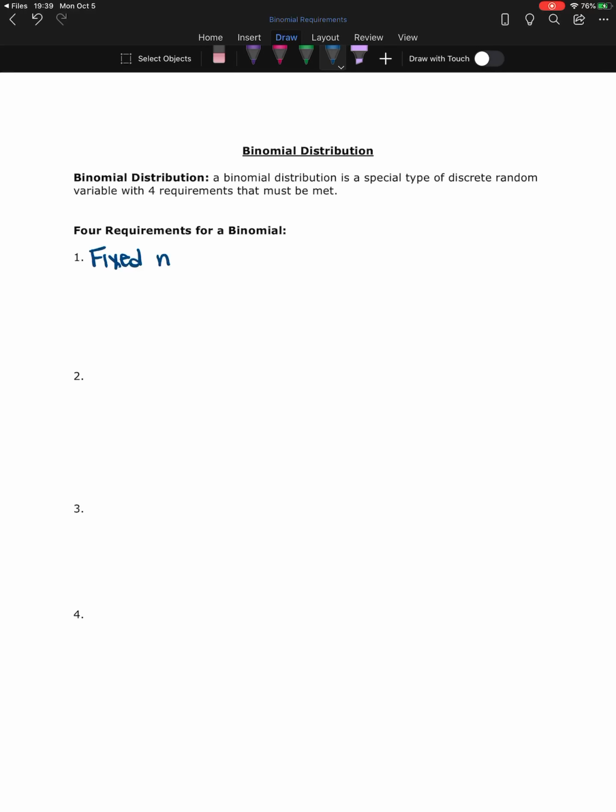first, a fixed number of trials. Meaning, if you're going to do something like roll a die, you have to decide, I'm going to roll a die 20 times before you start. You cannot say later, you know what, I think I'm going to do 5 more rolls.